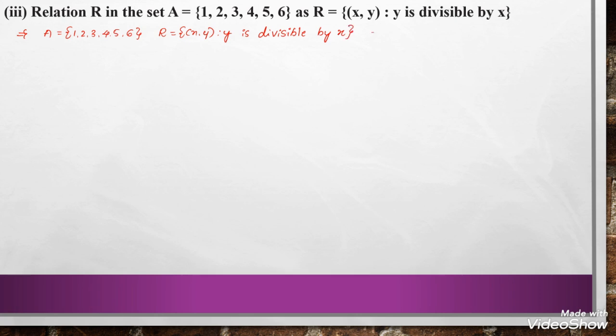In general, I can write y divided by x. Whatever the elements of the form y by x, it is completely divisible and the result we will get is a whole number. That time, y is divisible by x satisfies the condition.